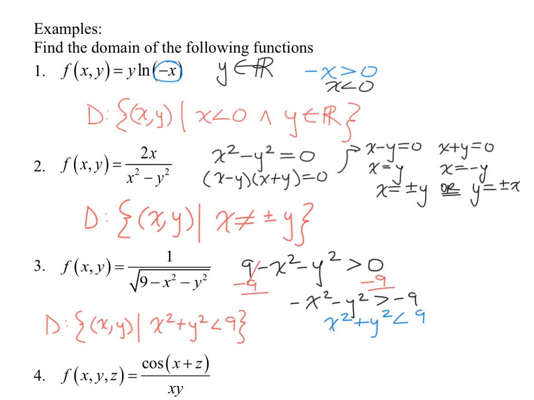Because you got to remember, we're talking about functions of functions in terms of 2 variables. So this is a circular region with an outer boundary that is 3 units away from the center of the region, right? Because the radius is equal to 3. So that entire region is the only region in which we would be focusing our energy.